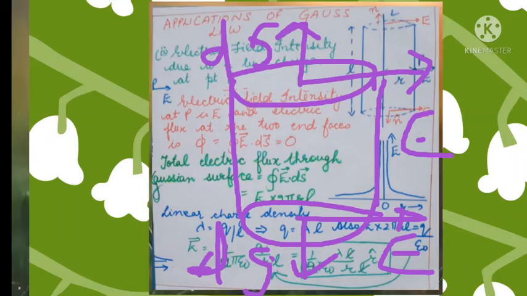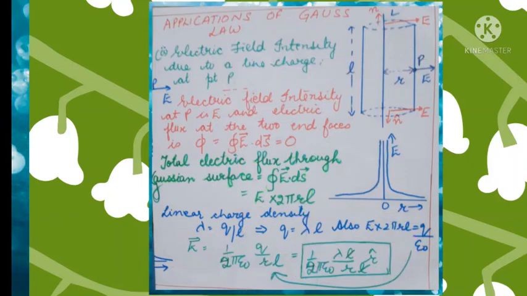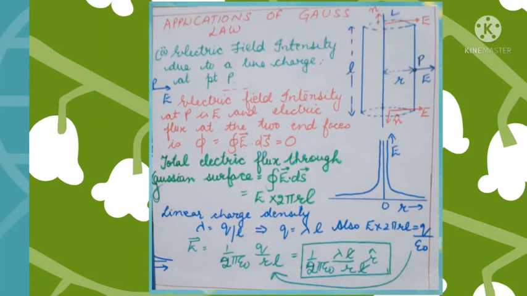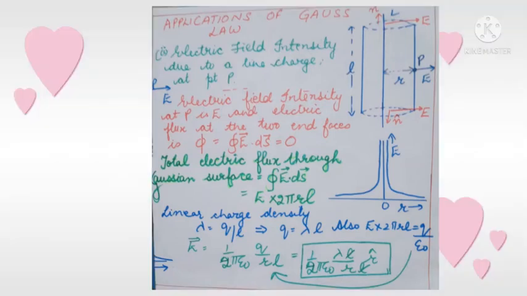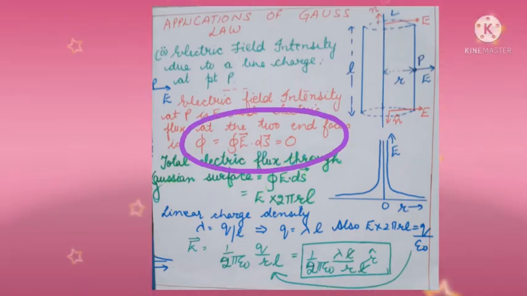Moreover, this electric field and the direction of the area vector for a curved surface is in the same direction. So children, the effect of the two faces on the electric field and electric flux will be 0 as cos 90 is equal to 0 according to the formula E ds cos 90.